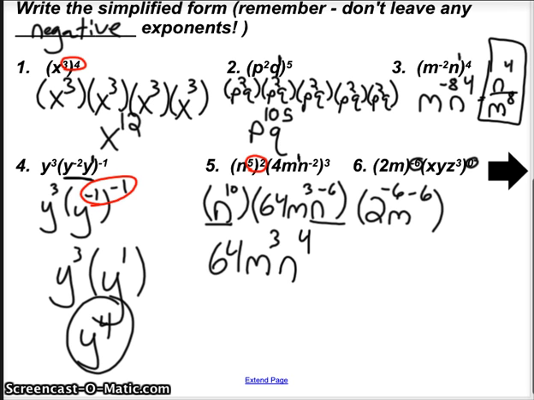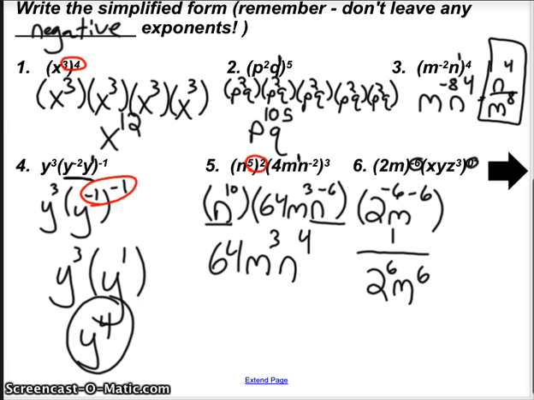I want you to notice we have some negative exponents here, so we need to be very careful. We need to take these and send them to the denominator. 2 to the 6 goes to the denominator and m to the 6, because we don't want negative exponents. Since both things went to the denominator, all we have left in the numerator is 1.